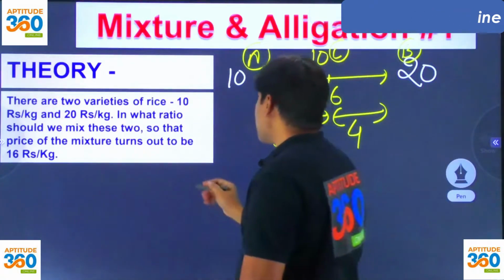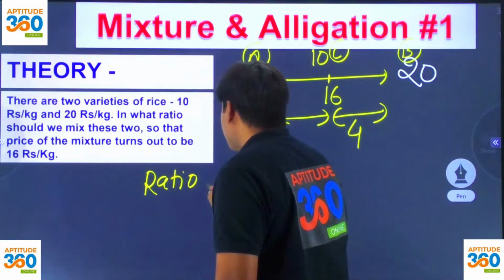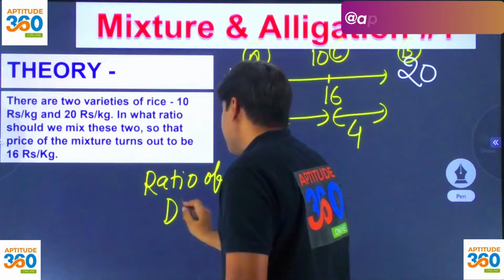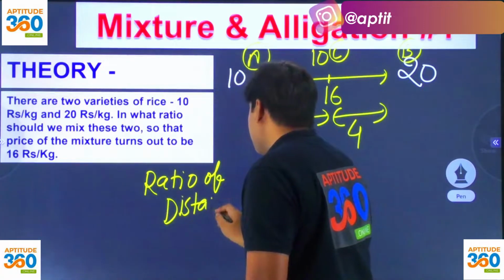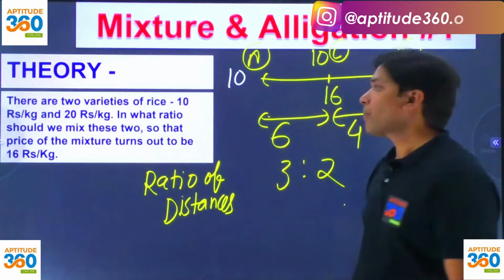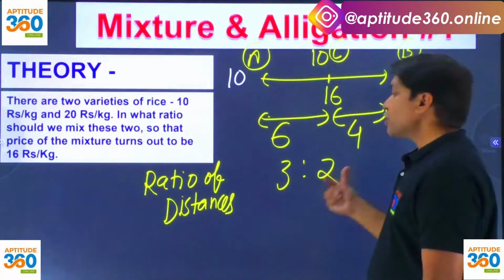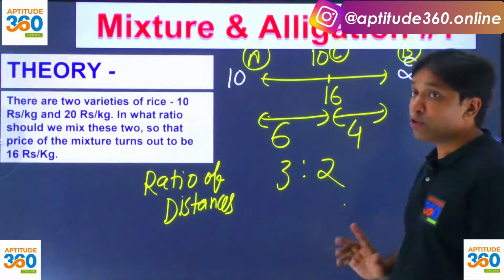And the ratio of distances comes out as 3:2. So should you be mixing them in 3:2 ratio if you want 16 rupees per kilogram rice?